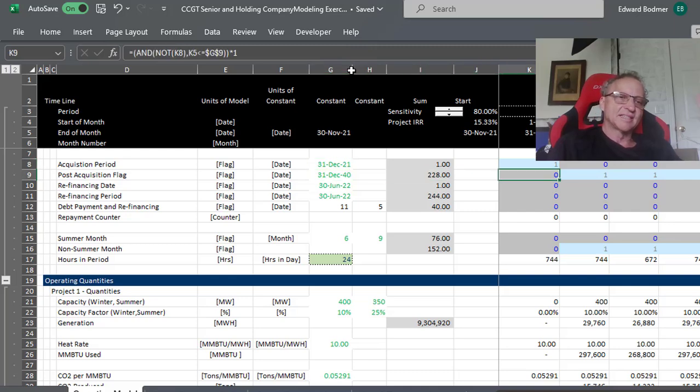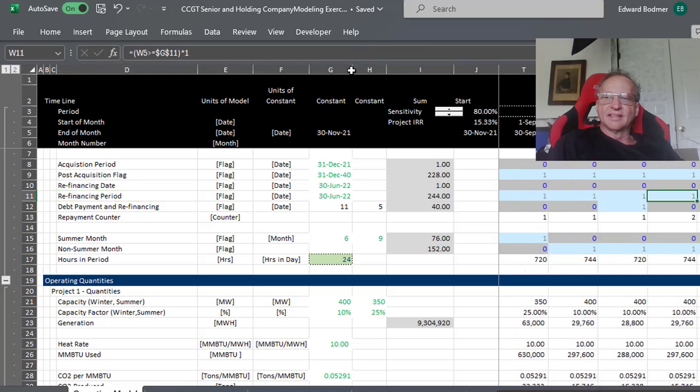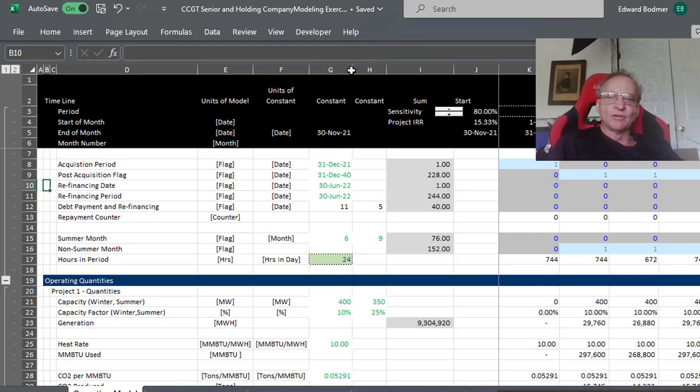So we need the dates, all that. We clearly need that, and we need when the financing begins, and this is the refinancing date and the refinancing kind of tenor.